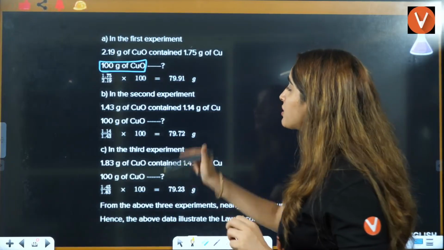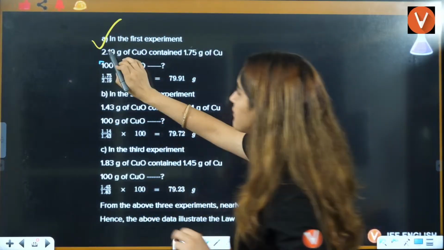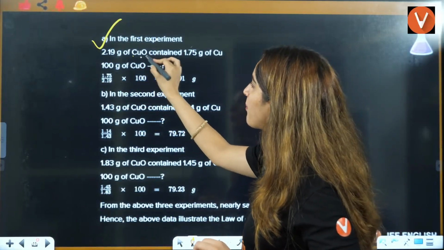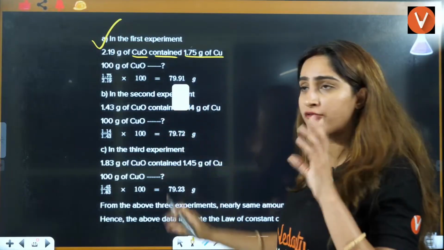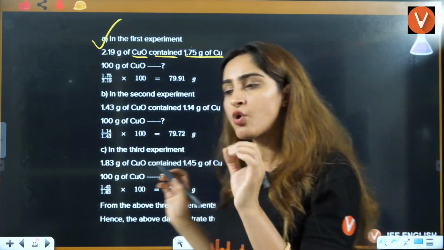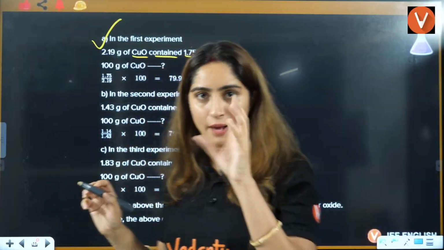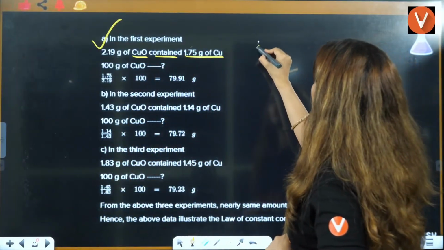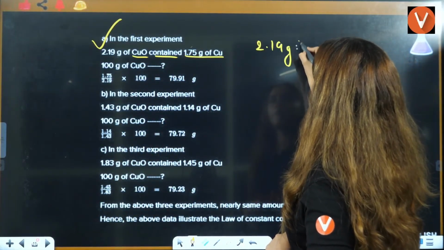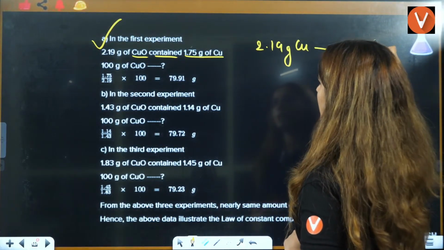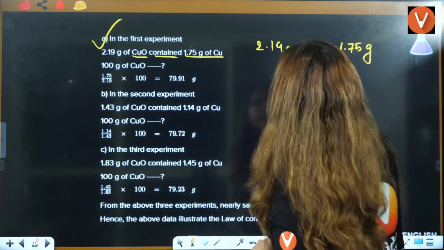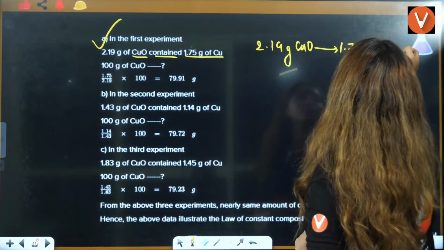So in the first case, what we have is 2.19 gram of copper oxide contains 1.75 gram of copper, right? Now you must know how to apply the unitary method that I am going to teach you here. So 2.19 gram of copper oxide gave you 1.75 gram of copper.